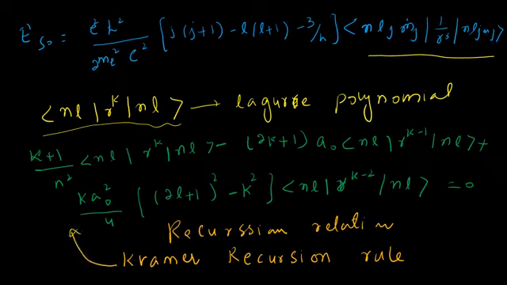Now we can use this equation to find the value of 1 over r cube. For this purpose we have to put in different values of k.